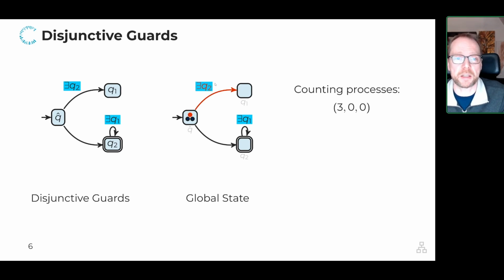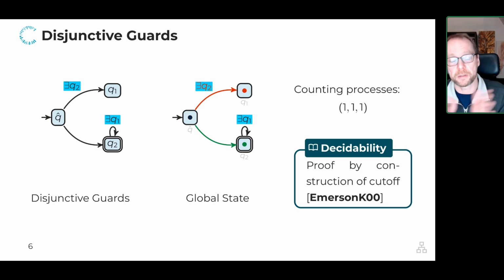If a process wants to take a transition that is labeled with such an existential guard that says exists Q2, then this is currently not enabled in this global state because the guard says there must exist another process that is currently in Q2 and that is not satisfied here. But the transition from the initial state to Q2 is actually enabled. So another process could move there, and then the transition with exists Q2 would be enabled, and the process could go there.